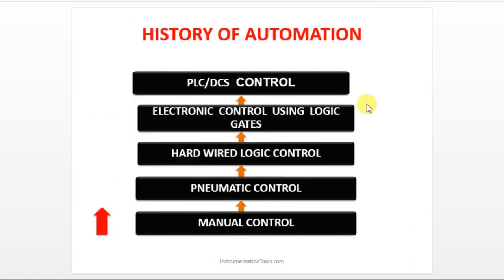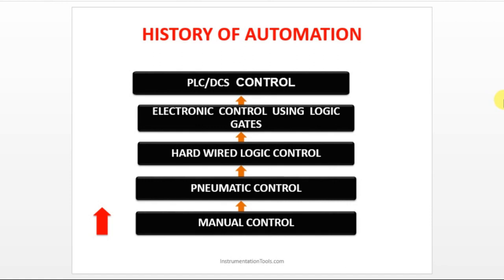So let's move on to the history of automation, how it evolved. There was a time when we were using only manual control, right? For example, let's take a boiler with a temperature indicator over it. According to the temperature value, you control the flow of water inside the boiler. If the boiler is reading high temperature, you need to increase the flow of water.